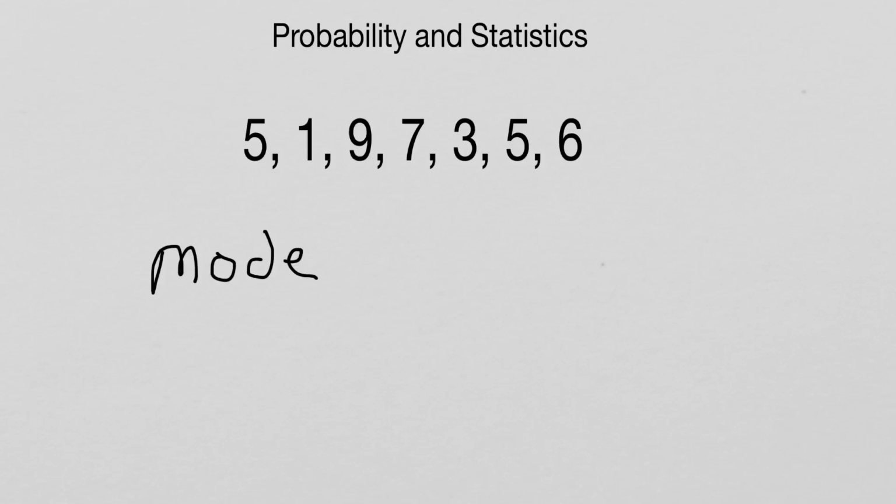So the mode of this series of numbers is going to be 5. 5 happens twice. None of the other numbers show up more than once, so mode equals 5. Right now, we did the mean, which is 5.1, and the mode is 5.